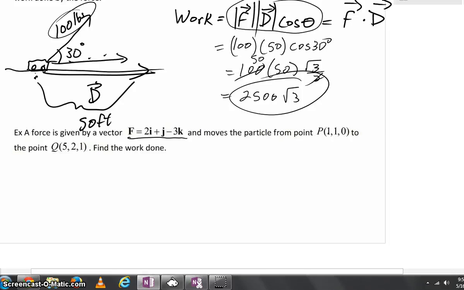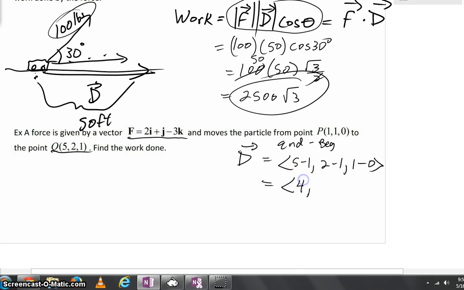Now we could find the angle in between, but I do want to say that D, we can always do end minus beginning. From the ending of Q, we'd go 5 minus 1, 2 minus 1, 1 minus 0. My displacement vector would be 4, 1, 1.